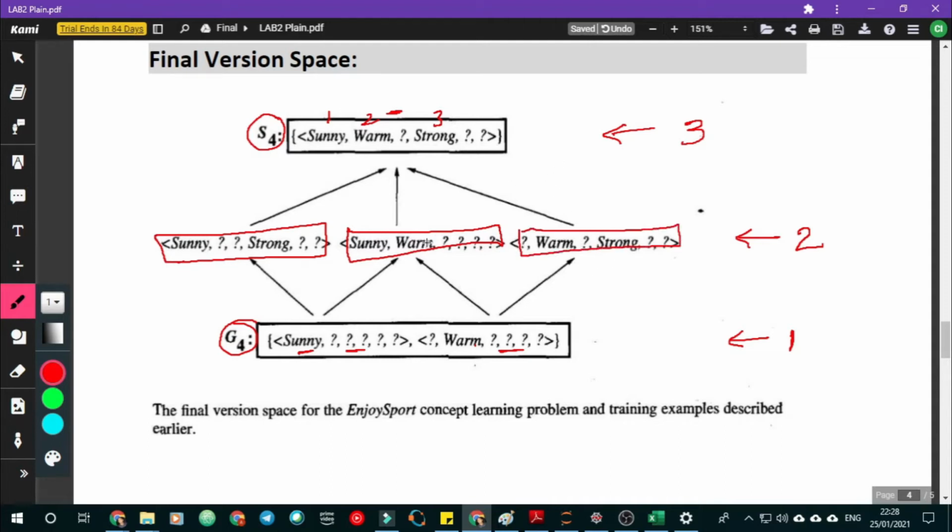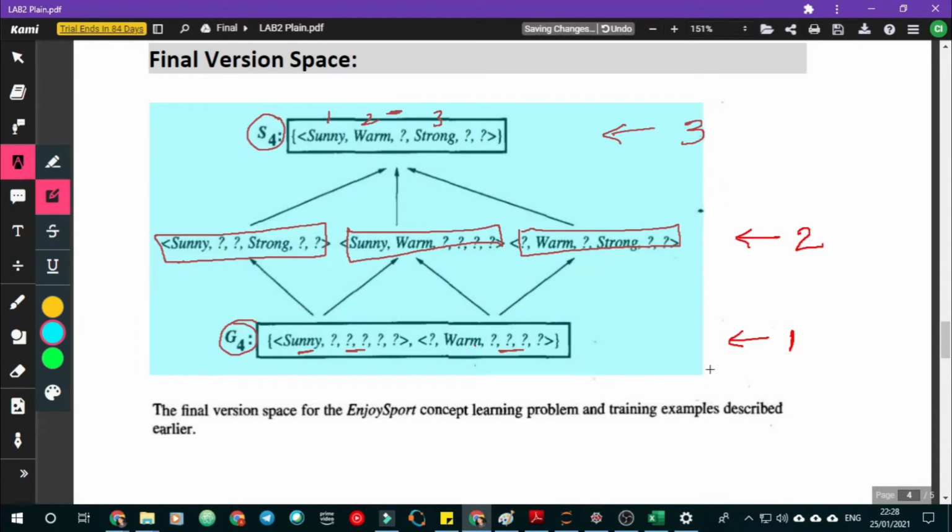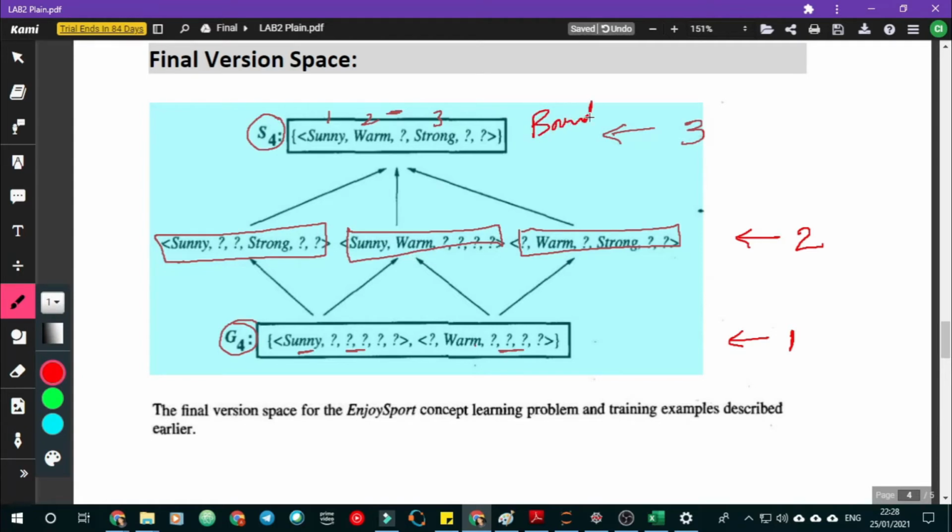So everything what we say is the version space, and these 2 are the boundaries. Specific boundary, this is general boundary.